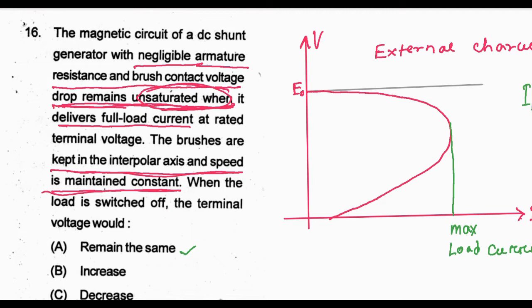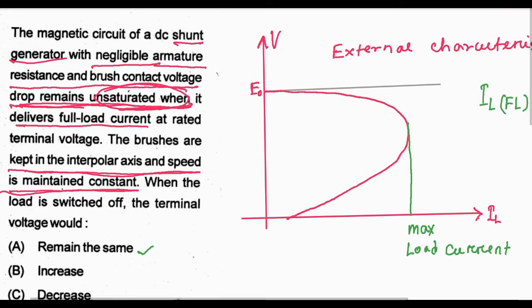This is a shunt generator, and a shunt generator has very good voltage regulation. This is the external characteristic for a DC shunt generator. In this, what is the behavior?